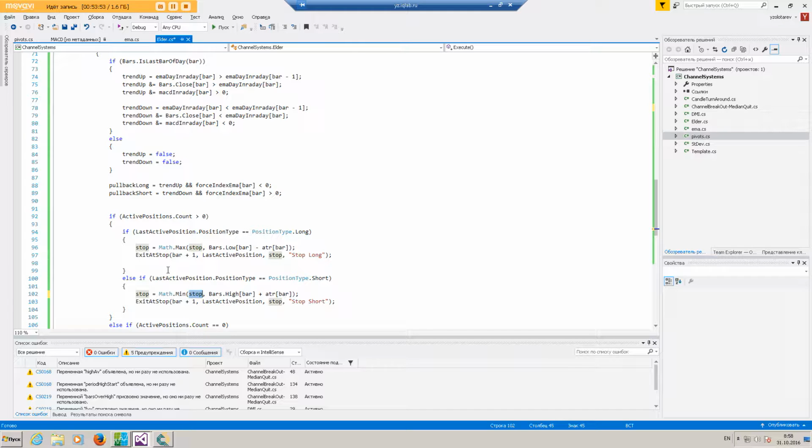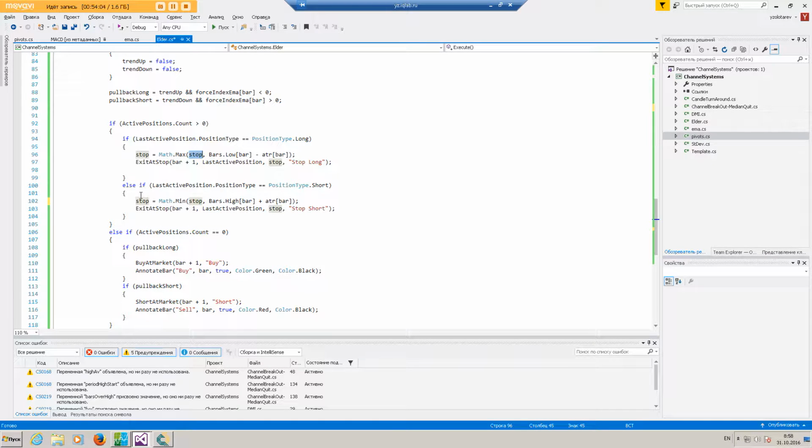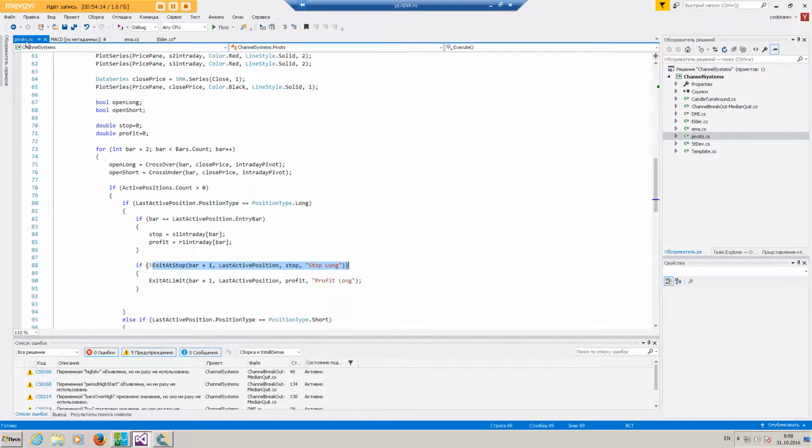And that's the first mistake. And the second mistake is that the stop value that we get here stays, it doesn't go to 0 or anything. And so then right here we're actually comparing this stop to the stop that we had when we had a long position. So I messed that up, and that's why we actually need this thing here.